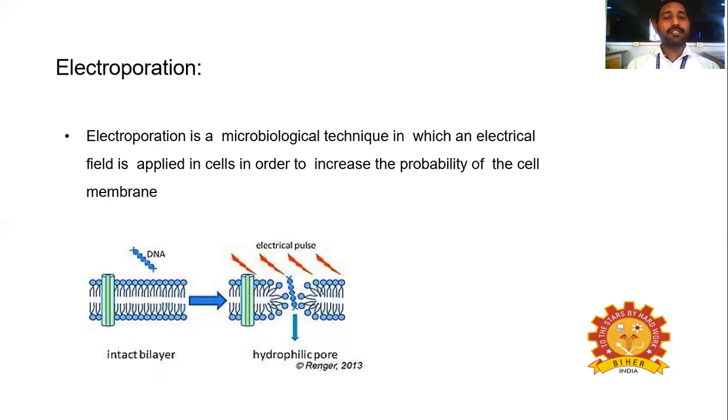Here you can see that before the electric pulse, the membrane is an intact bilayer, whereas after applying the electric pulses it looks like this. You can see the pore, and through this pore you can put your vector molecule into the cell.